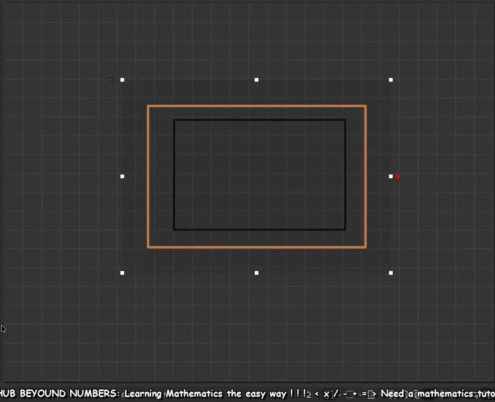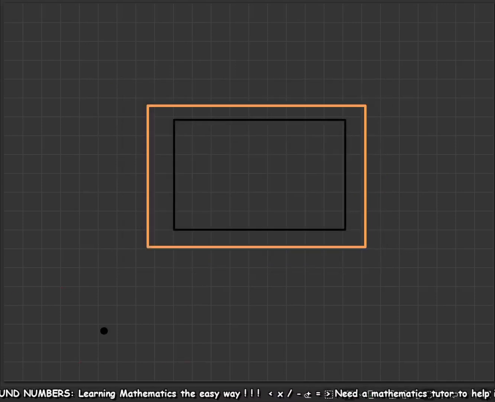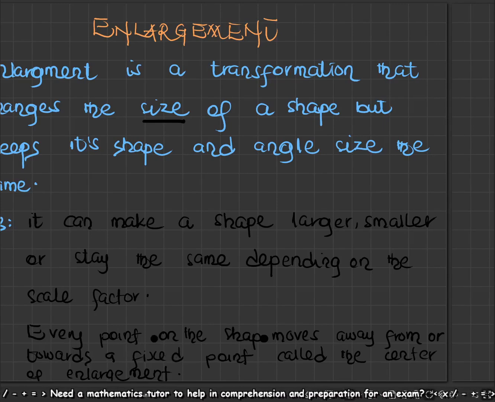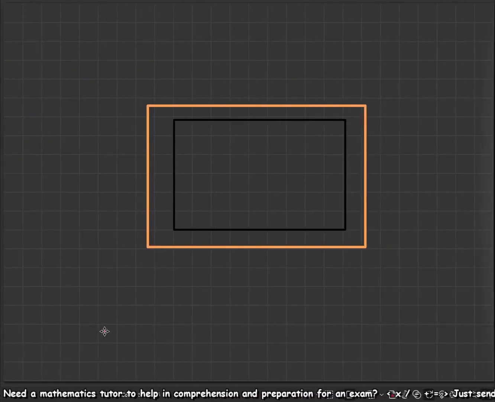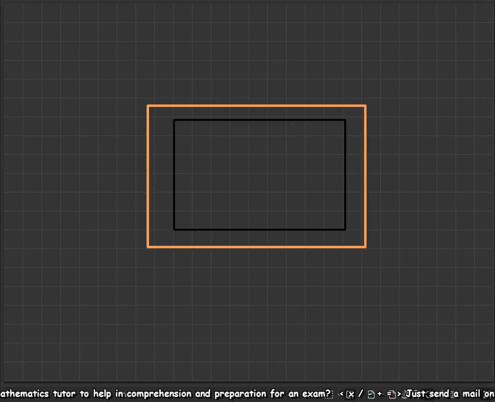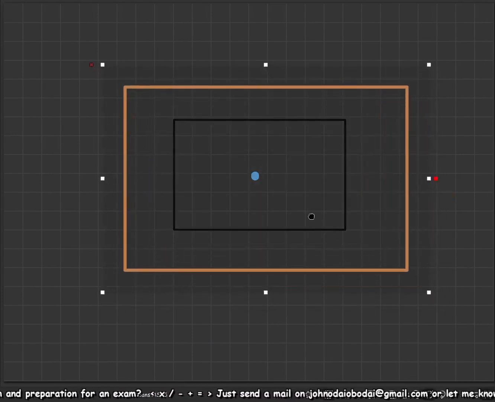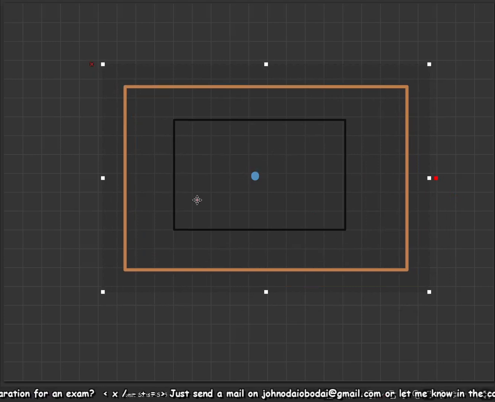Now take note that the second point says every point on the shape moves away from or towards a fixed point called the center of enlargement. So with this, if I put this point over here like this, and I now choose to enlarge this way, you see that all the points are moving away from this point.